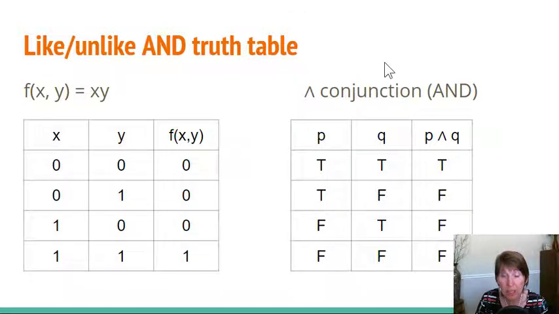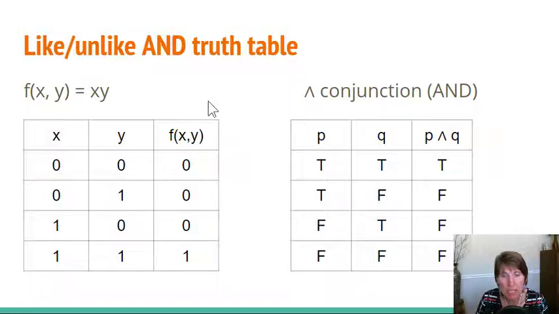But the results of multiplying x and y and doing AND with p and q are the same. When you look at the order, though, it's very different, right? Because the falses are zeros and the ones are trues. What we see here is we start with the zeros in the input-output table, and we start with the trues on the other truth table. So they're in a different order.